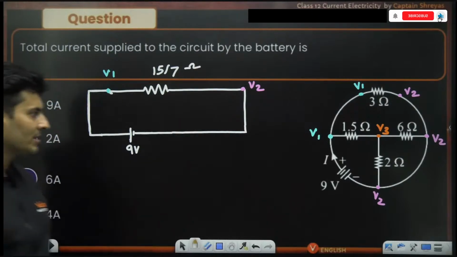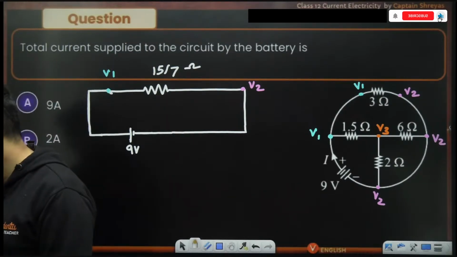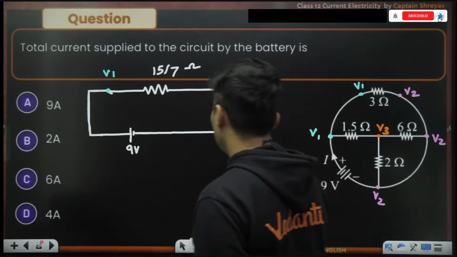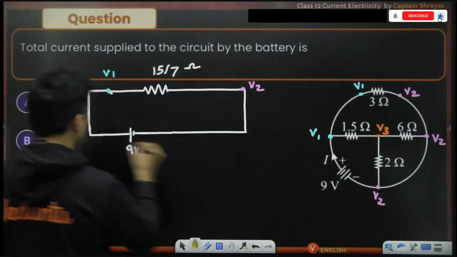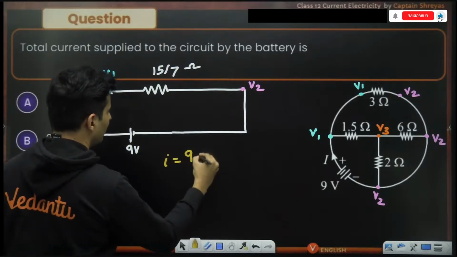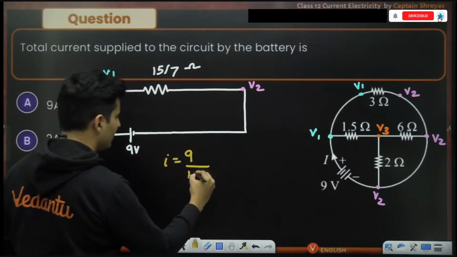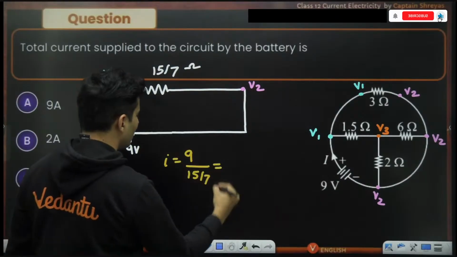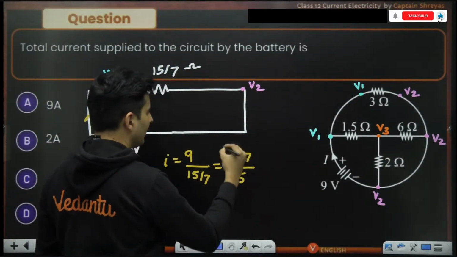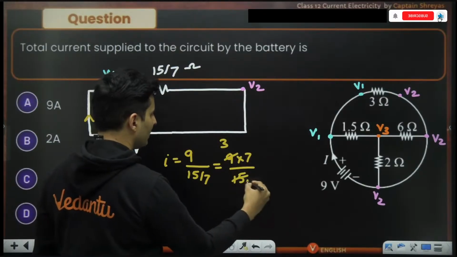Everyone understood till this point? Very good. Now the total current supplied to the circuit. Well, now it is easy. This particular current will be the total voltage, which is 9 volts, by the total resistance, which is 15 by 7. So 9 multiplied by 7 by 15. 9 goes with 3 3 times, 15 goes with 3 5 times.